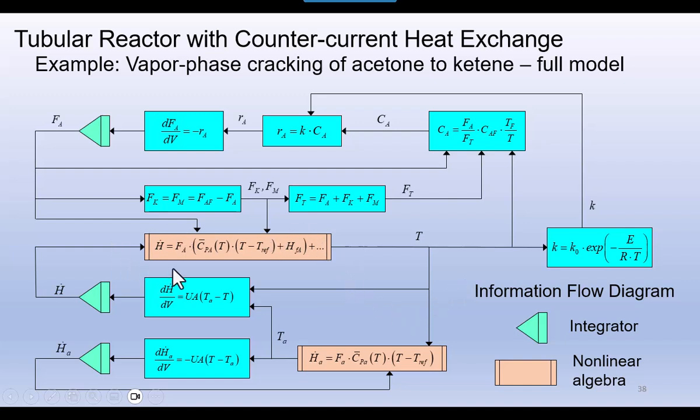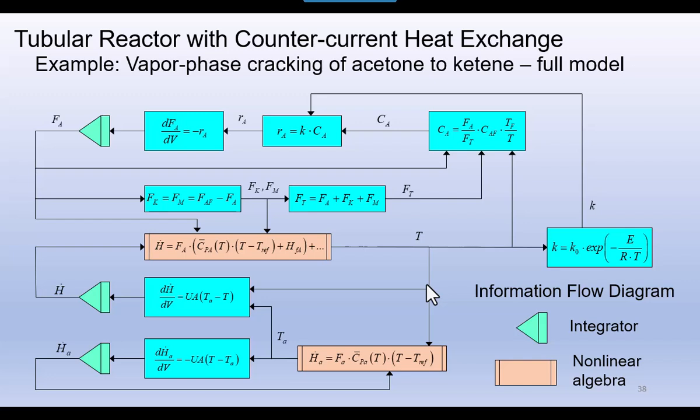We get it, as we have before, by solving the enthalpy balance for temperature, which is a nonlinear algebraic solution. And we solve the enthalpy balance for the temperature of the air. And once we have those two, we can put them into our two differential enthalpy balances and use numerical methods to solve that. So that's what the nonlinear model would look like.